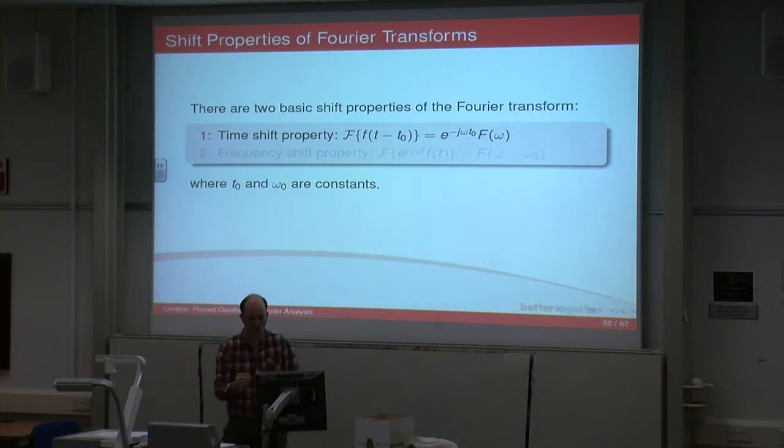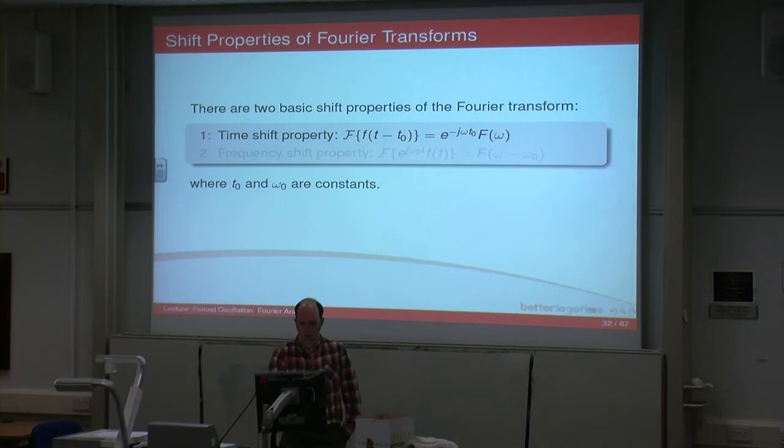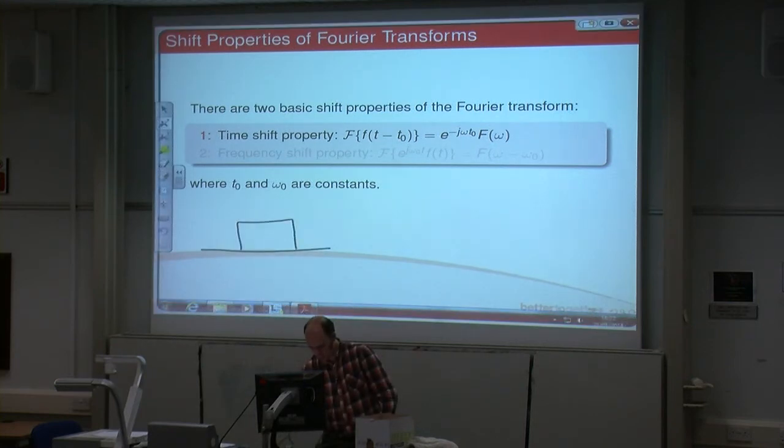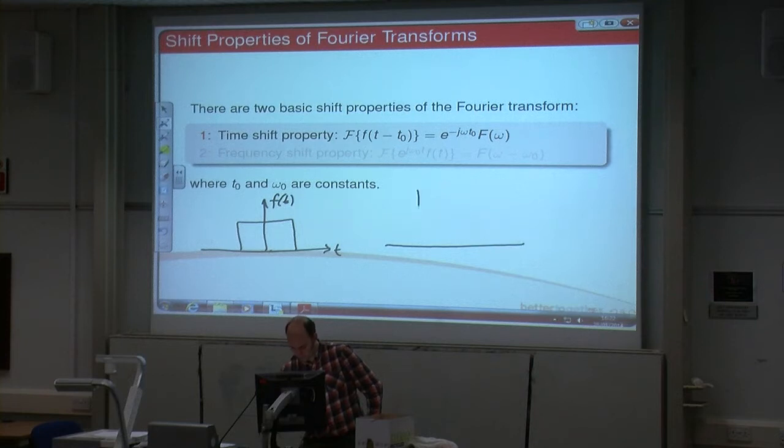Okay, so the example of that would be, let's have another go at this. So that's f of t, and this is t. Okay, here's my rectangle. If I shift that rectangle across, the width is the same, but I've moved it by a distance here.